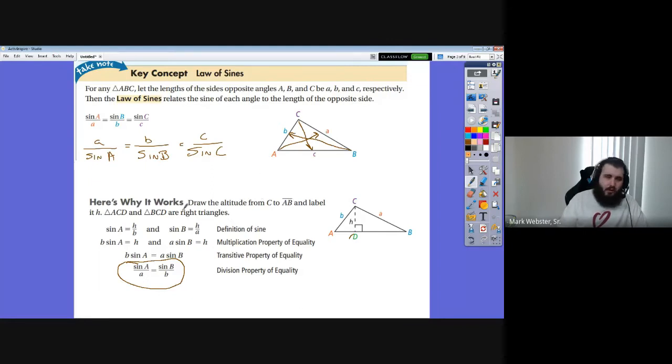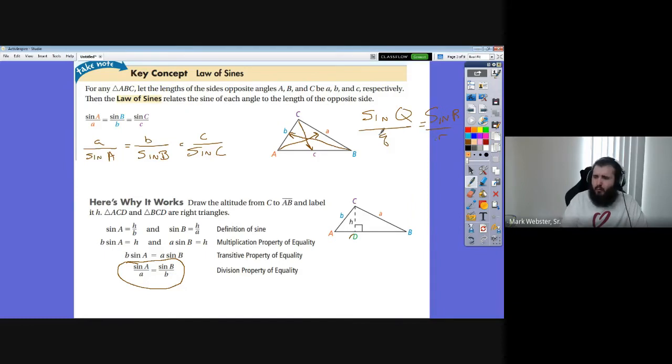All right. And it doesn't matter which 2, whatever the letters are called, A, B, C, X, Y, Z, P, Q, R, whatever, right? It doesn't matter. If you want to pick puppy dog as your label, I don't care. It doesn't matter. Sine of Q over Q equals sine of R over R. Right?